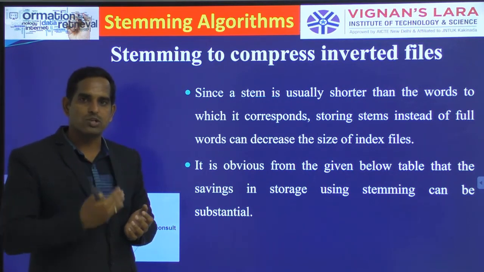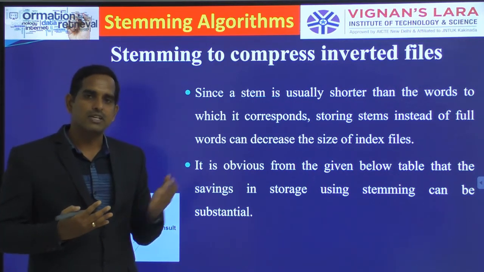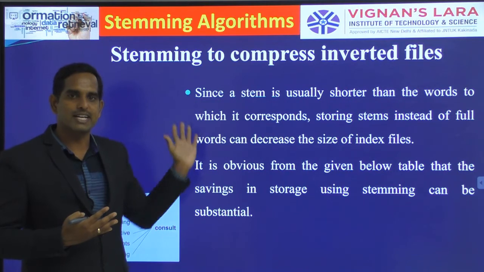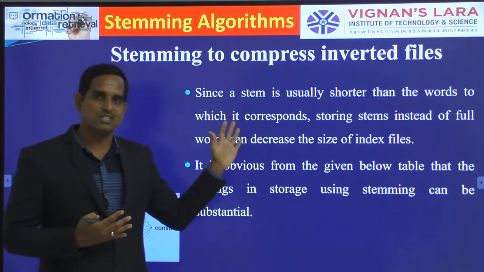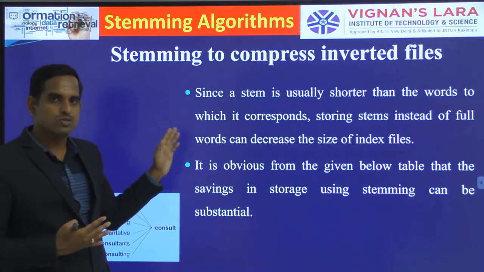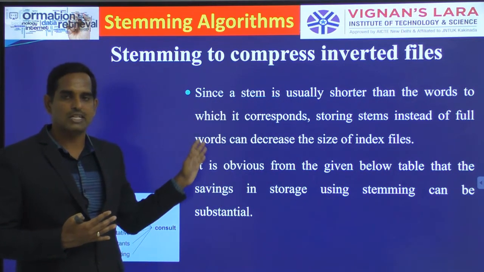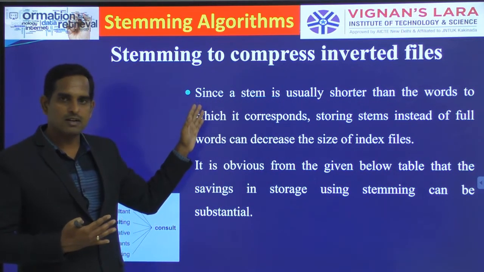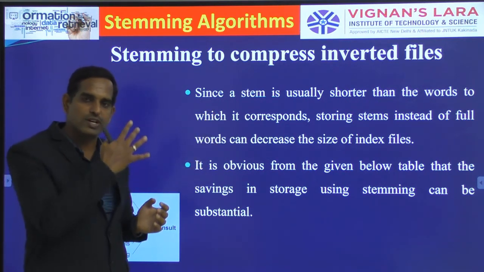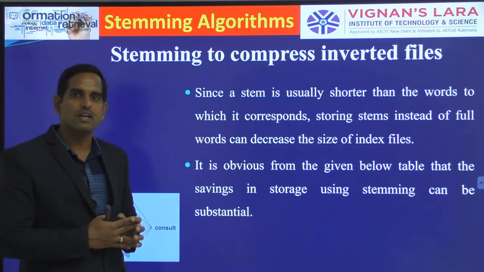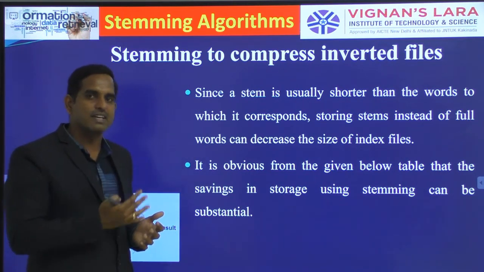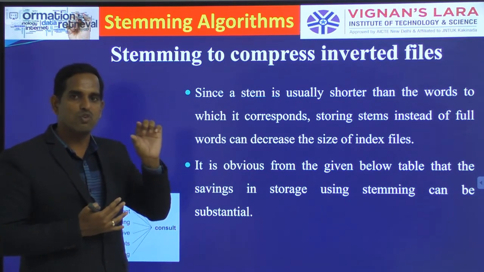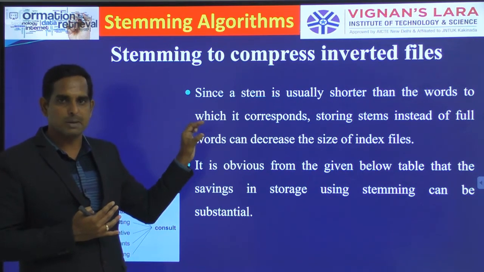When I store the stems, as we have already seen in the initial sessions on stemming algorithms, it will reduce the size of your index by more than 40%. It will drastically reduce the size of your index file. Why? Because instead of indexing each and every word present in your database, we will be indexing only the stem words.